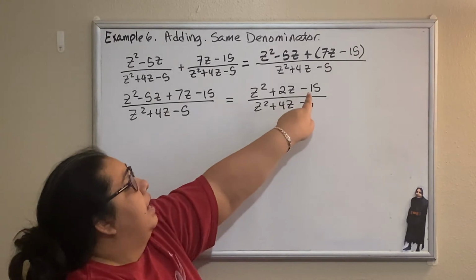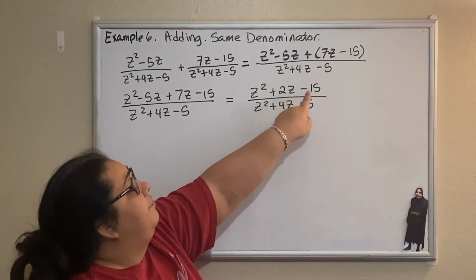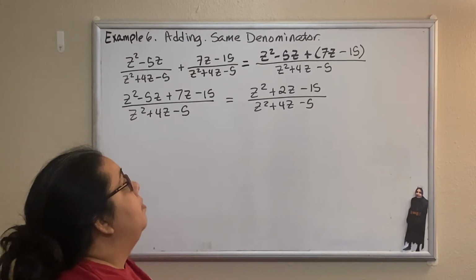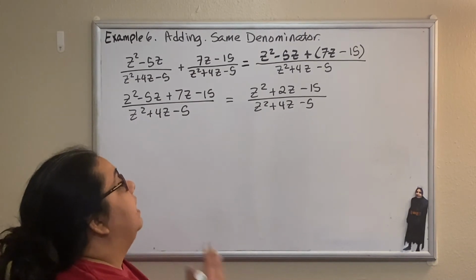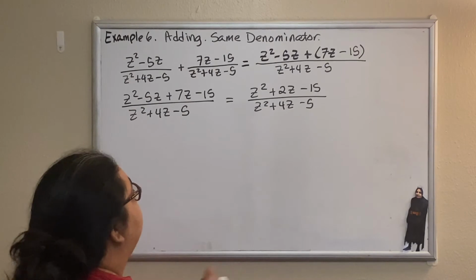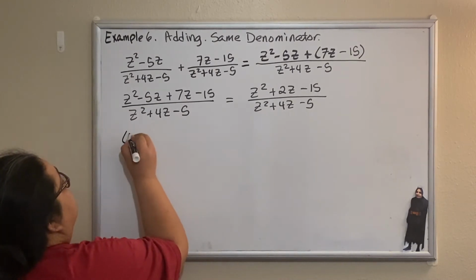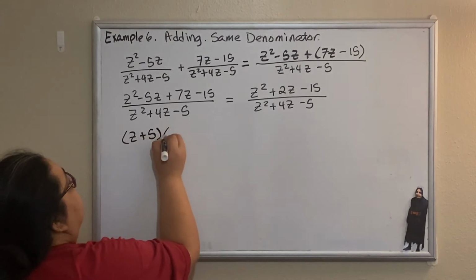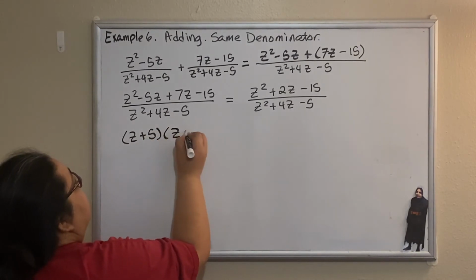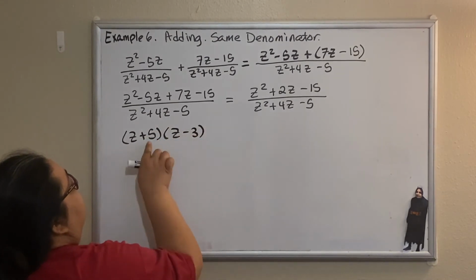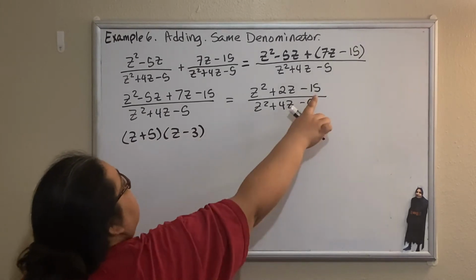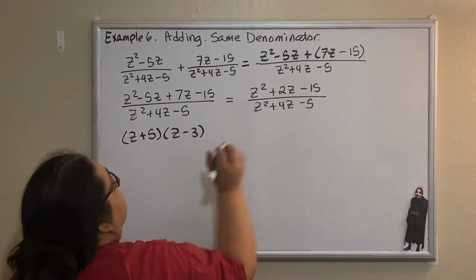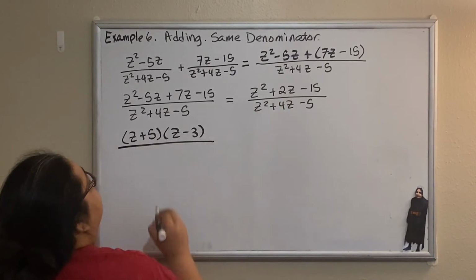In the numerator, I need numbers that multiply to give me negative 15, but add to give me 2. Well, that would be 5 times negative 3. So the numerator is going to factor into z plus 5 times z minus 3. 5 times negative 3 is negative 15, and 5 plus a negative 3 is positive 2. So there's my numerator factored.